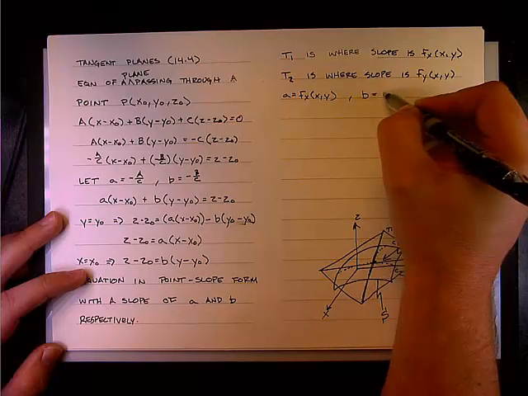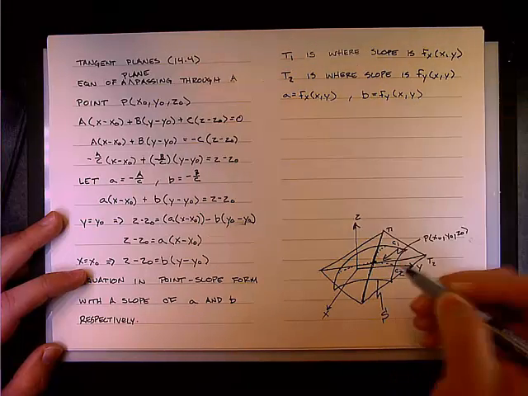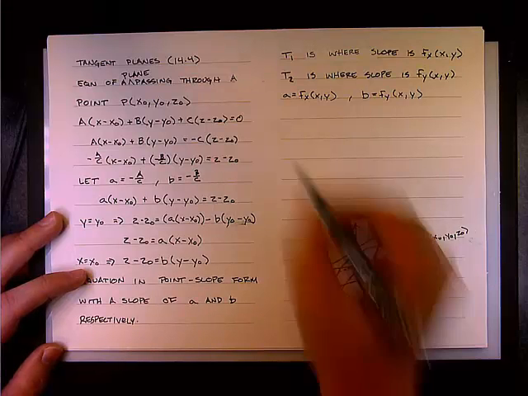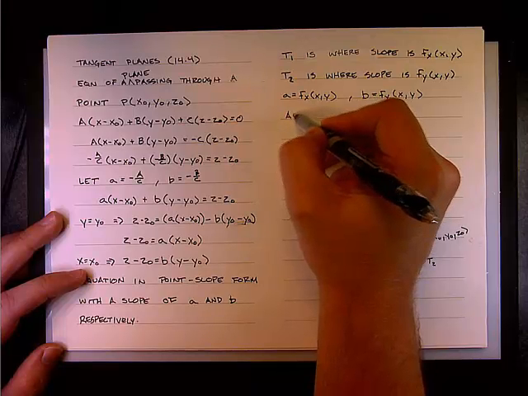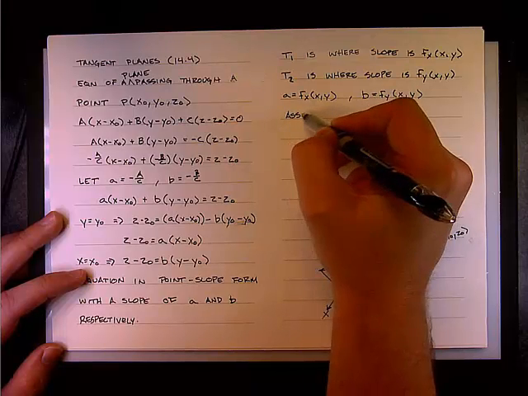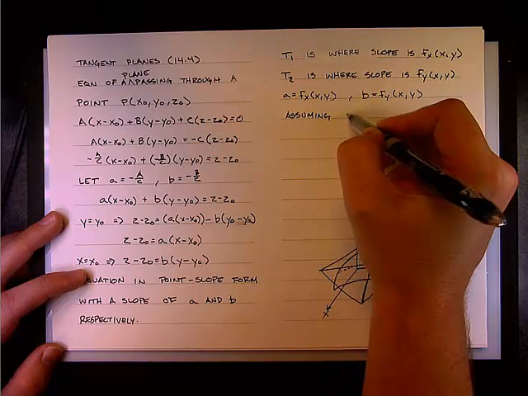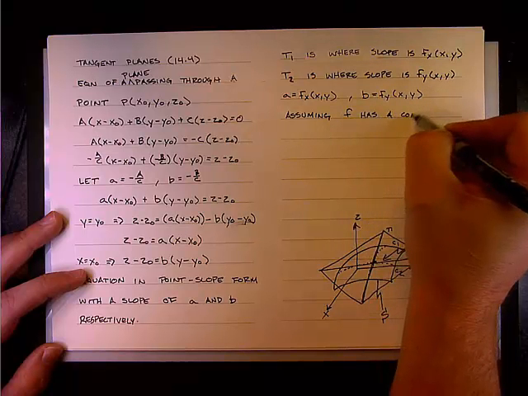All right, so T2 slope is going to be equal to the partial derivative with respect to y of x, y, which leads us to just a substitution, which we can say A is going to equal the partial derivative f sub x of x, y, and B is going to equal f with respect to y of x, y. All right?